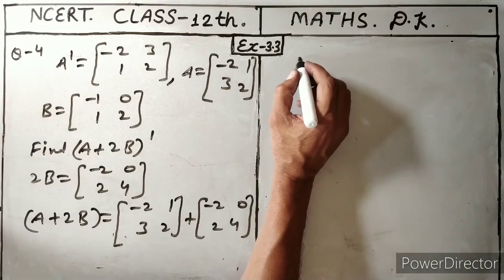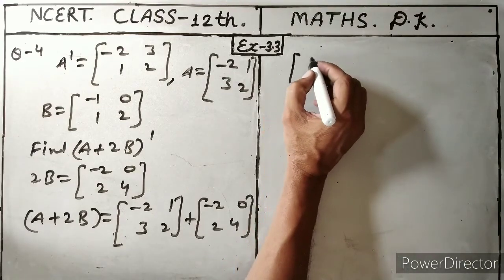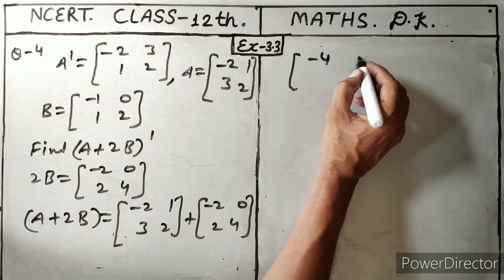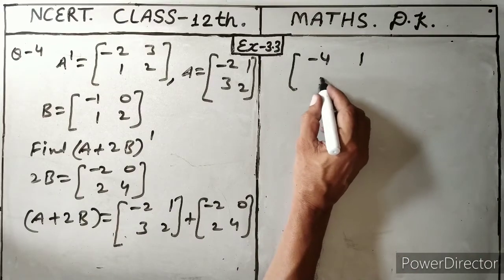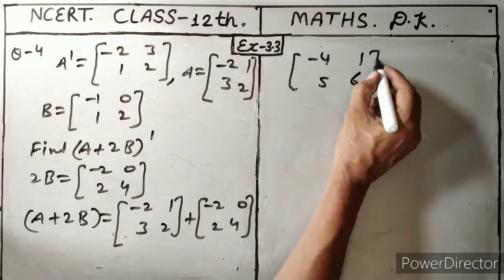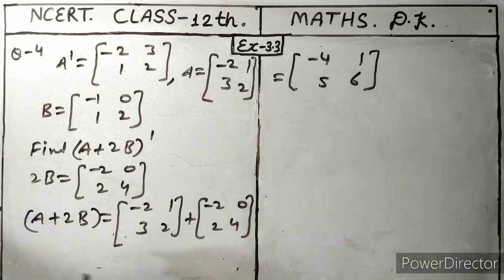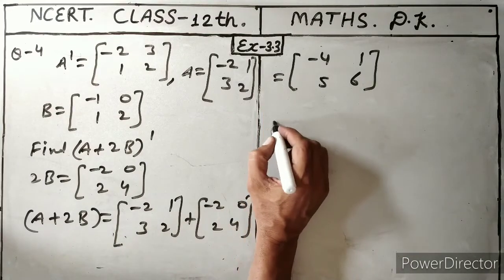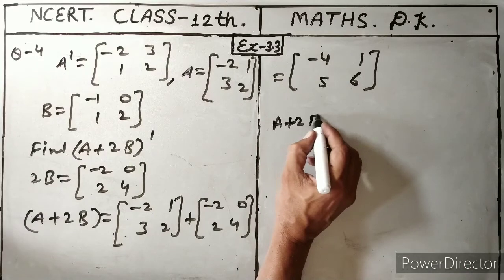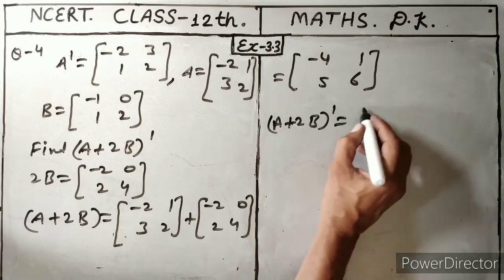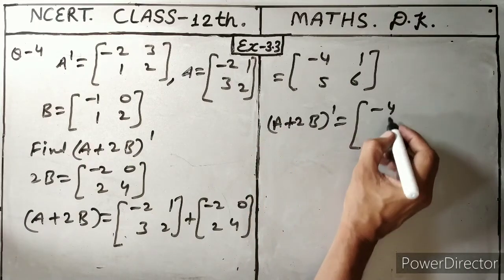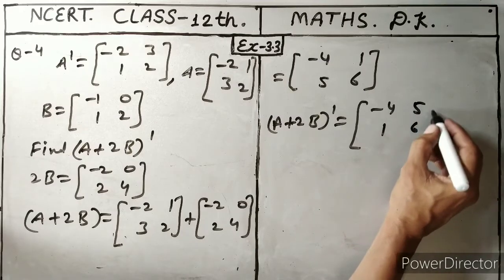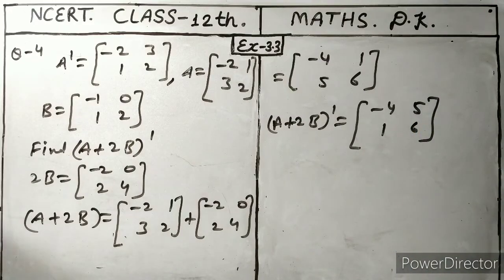Addition of these two matrices is -4 1 5 6. This is A plus 2B, and its transpose is -4 1 5 6. This is the required matrix.